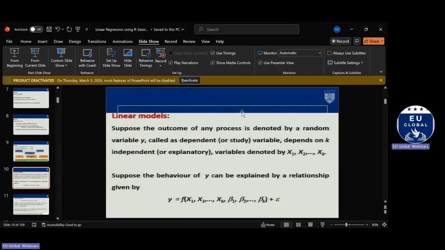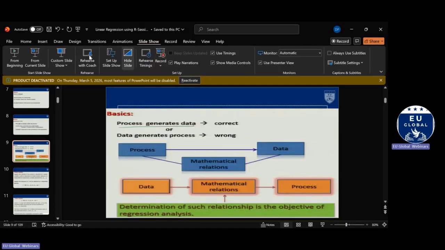Okay, so now let me get back to the slide. So we were discussing the basics.